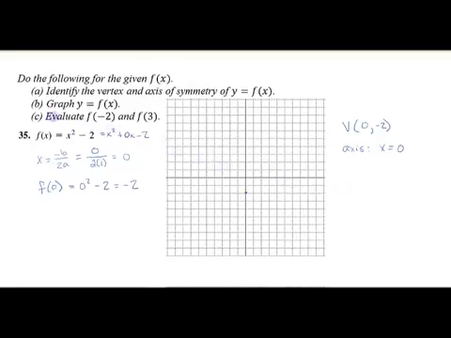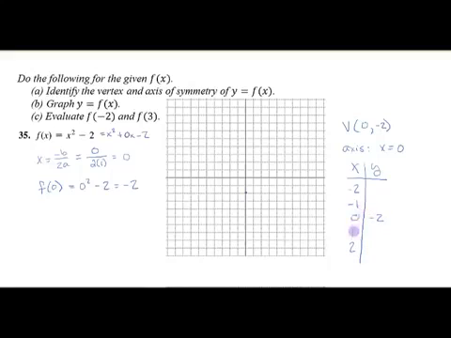And then we'll graph this. When we are making our parabola, we want to make the vertex the center point in our t-table. And we'll pick a couple of points away on either side of that vertex. So let's go negative 1, negative 2 on this side, and 1 and 2 on that side.